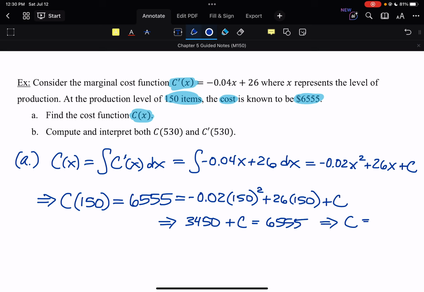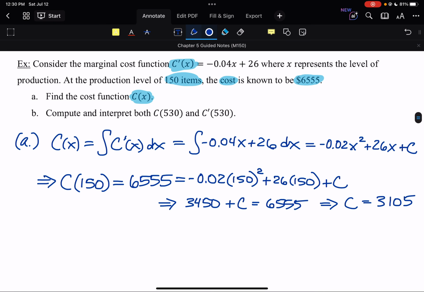Then do the subtraction over here, and you get c is 3105. So this gives us our particular solution, our specific formula: negative 0.02x squared plus 26x plus 3105.